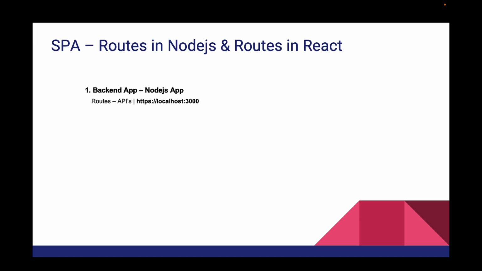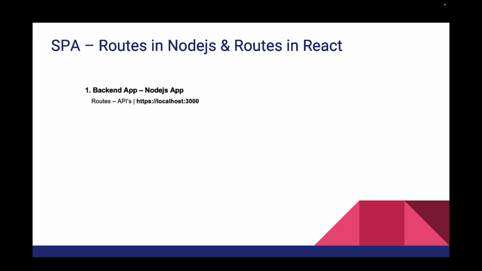Let's say we are running it on 3000, and typically this would contain all your routes and all your APIs that we are going to define over here. Now, these APIs and routes would actually connect to a database, or they can further connect to another API, for example, Stripe, Twilio, or anything, for fetching data, for sending data, or doing certain kinds of tasks.